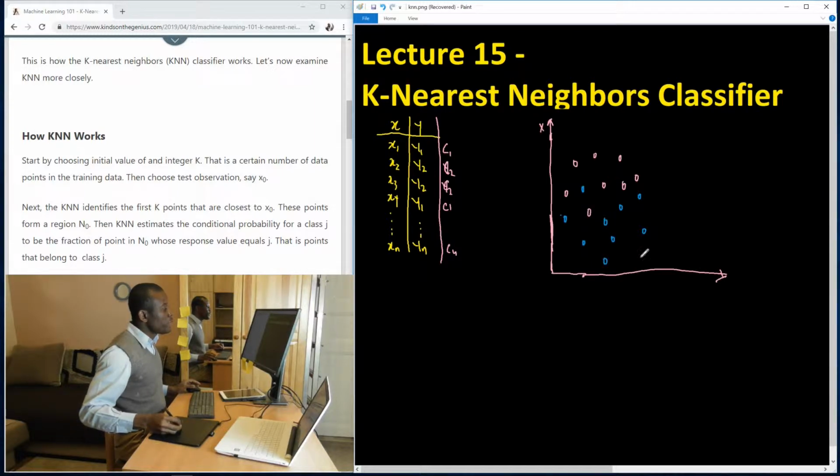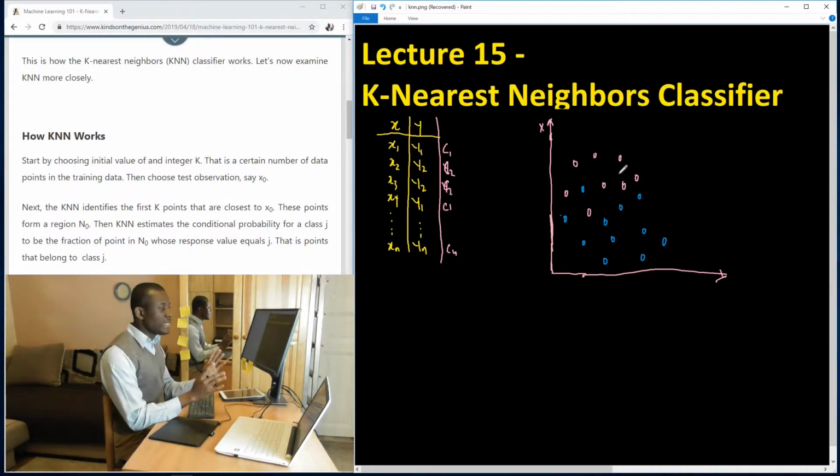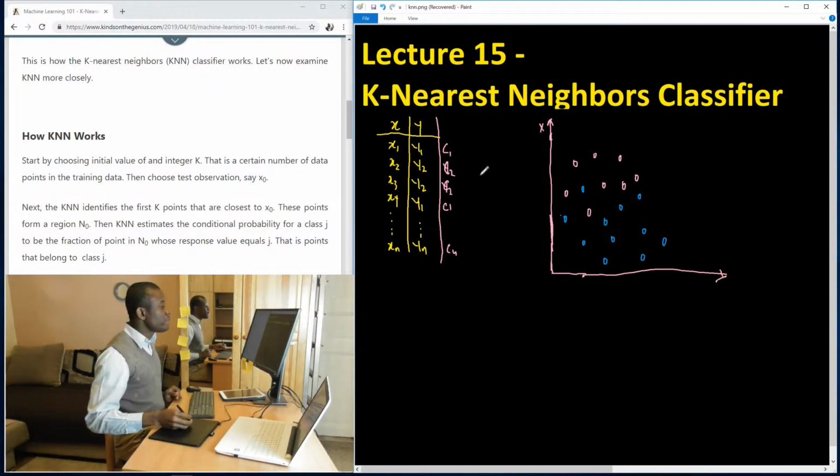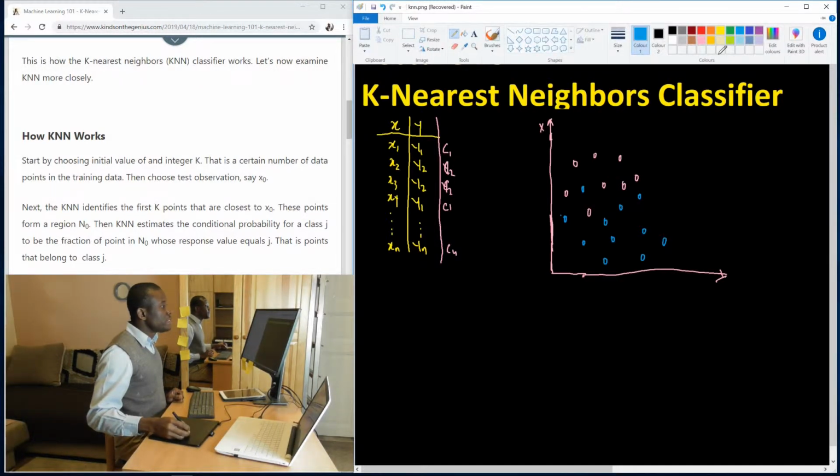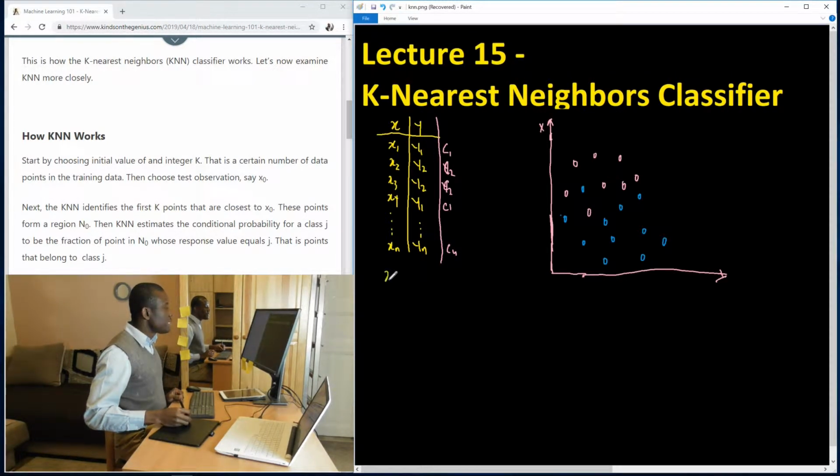So now what we have is the test data set. Okay, so we've plotted the data set we are given. In classification, you'll be given a new data point. Let's say you are given a new data point, X0, and you are told to classify it into a class. So let's say we plot this X0 and it falls somewhere here.